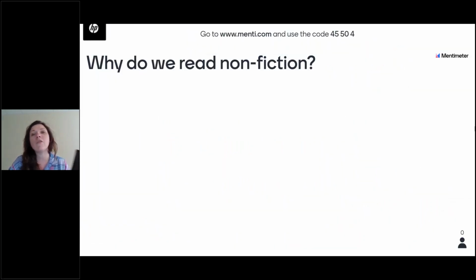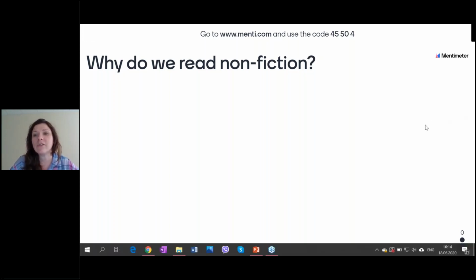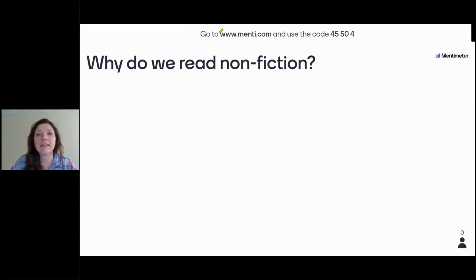So what you need is to open a browser or a new tab, and you need to enter this internet address, menti.com. There you need to type a code, and you can answer your questions, share your ideas. Why do we read nonfiction?